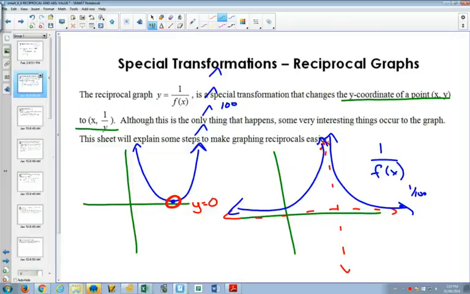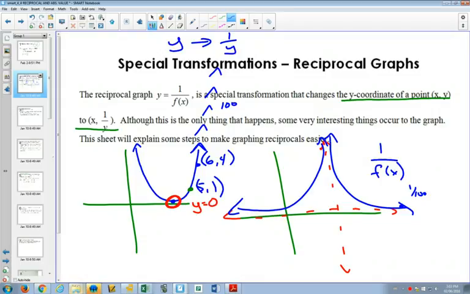Maybe they're not. So let's say if this graph had (5, 1) and (6, 4) as points on your original parabola, you can plot where those points are going to go, again following the simple rule that all that's changing is your y value is changing to be 1 over what it was.